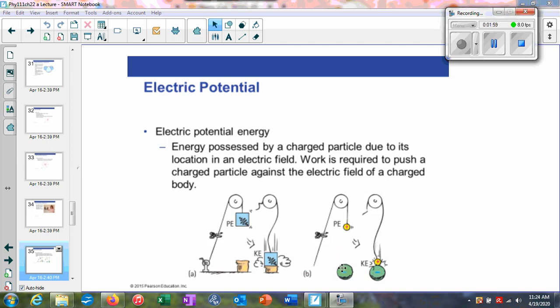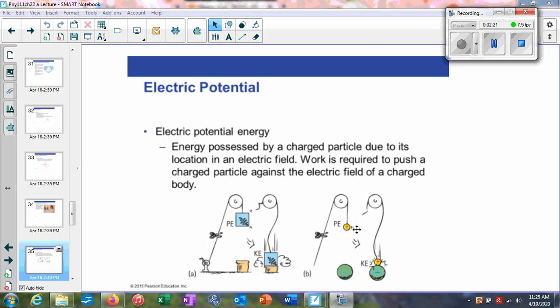So if I take it and move it away from that charged body, I've given it potential energy. If I suddenly stop whatever support is holding it there away from that negatively charged body, it is going to begin to accelerate toward that negatively charged thing. So it has potential energy.